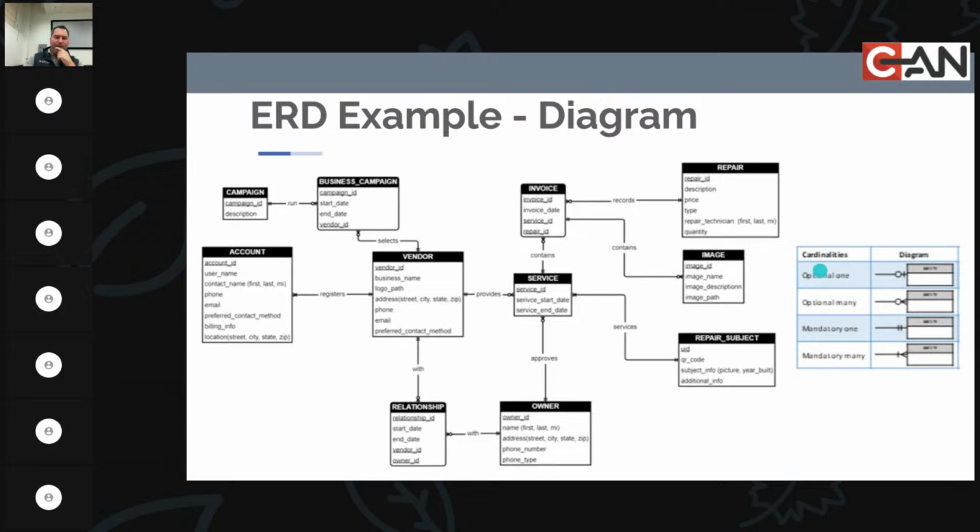For the first one, you've got the circle, and then the line after that. Optional to many, you've got this, almost looks like a rake. Mandatory to one, two lines, and mandatory to many. So the circle is optional. If there's no circle there, that's a very strict rule.